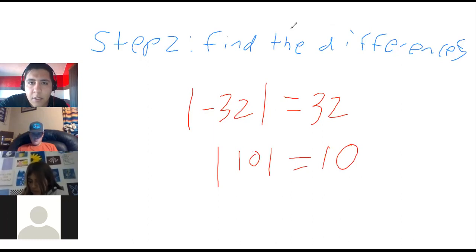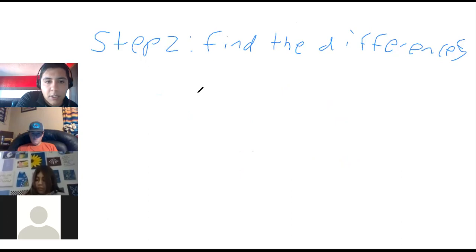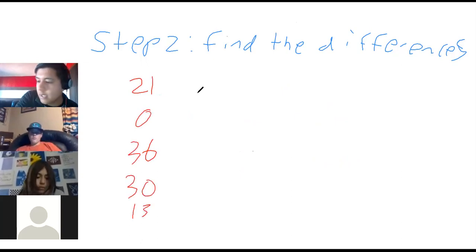Okay. So let's go back to our problem. Remember our mean was 22, is that right? So here's what I'm gonna do. These are our numbers, 21, 0, 36, 30, 13, and 32.